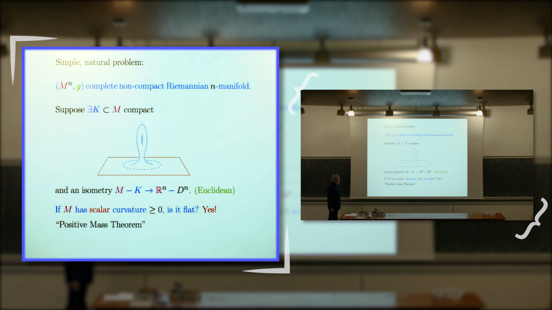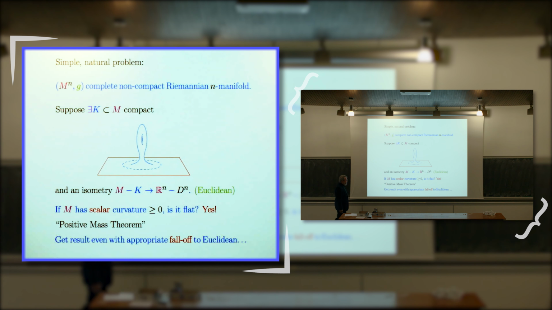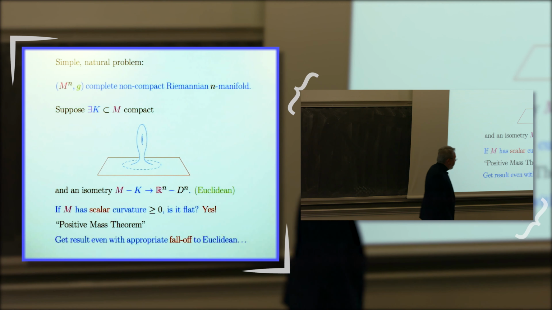The relevant theorem is a special case of what's called the positive mass theorem. The positive mass theorem would give you the same conclusion that the space is Euclidean space, even without assuming it's exactly Euclidean away from this compact set. It would be enough if the metric fell off fast enough to the Euclidean metric and still had non-negative scalar curvature. You would still get the same conclusion.